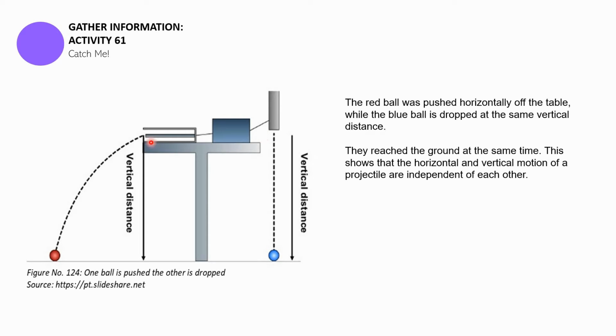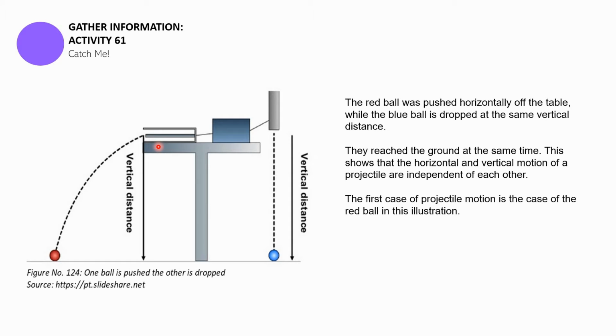And even though itong si red ball, meron siyang initial velocity since na-launch nga siya, at itong si blue ball, wala siya, they still are going to reach the ground at the same time. Because again, those two motions, the horizontal and the vertical component of their motions, are independent.